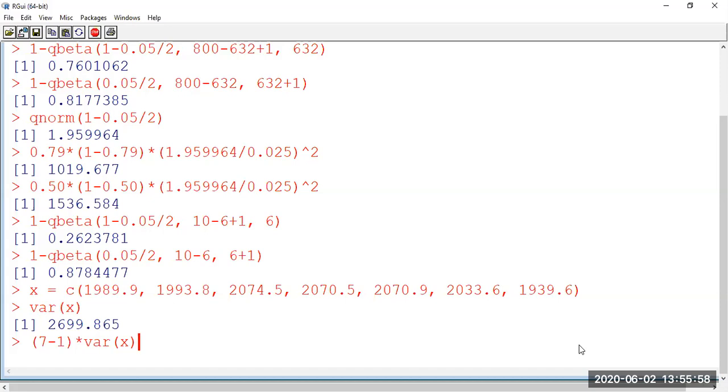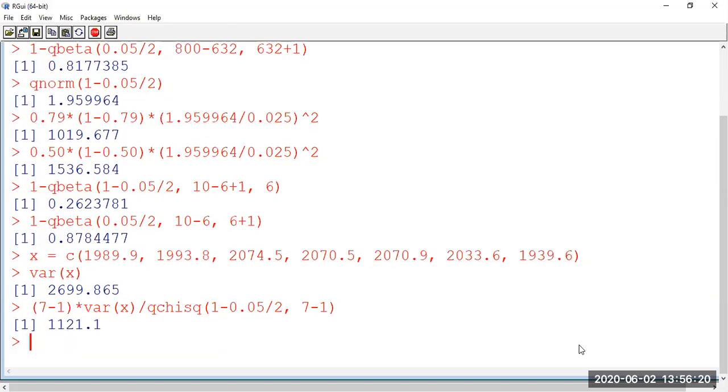Then we're going to divide that by q chi square, and then 1 minus 0.05 over 2, 7 minus 1. So that should be the lower limit. So it's going to be 1121.1. That's the lower limit for the variance.